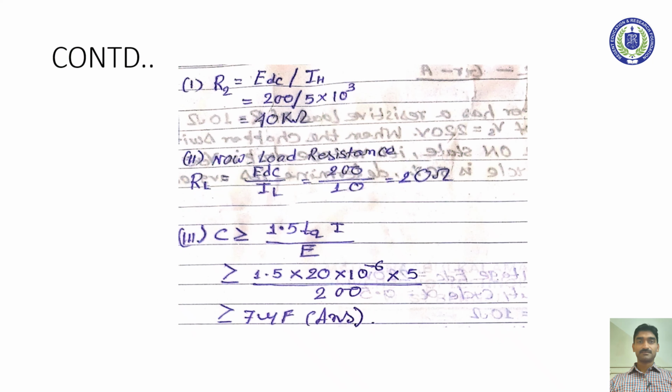Whatever the figures are given, whatever the data are given, if we go through the basic formulas or the basic steps, we can easily calculate the numericals in the easiest way. This is all I want to say to all of you: don't think so much.